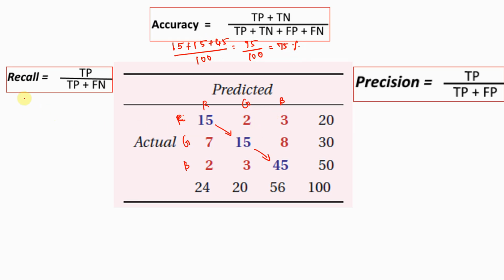Now recall. So recall is how many are positively correctly classified out of the samples. So total 20, in that how many are correctly classified is 15. So now we have three things, red, green and blue. So we have to calculate the recall separately for all three classes. So recall for red, that will be 15 divided by 20.